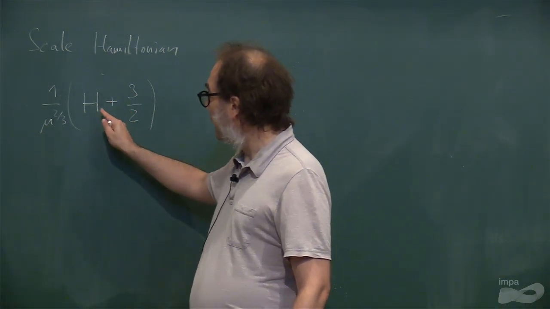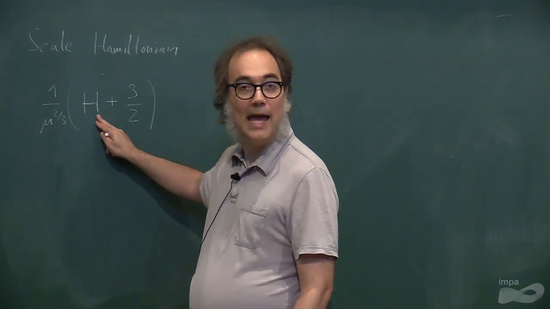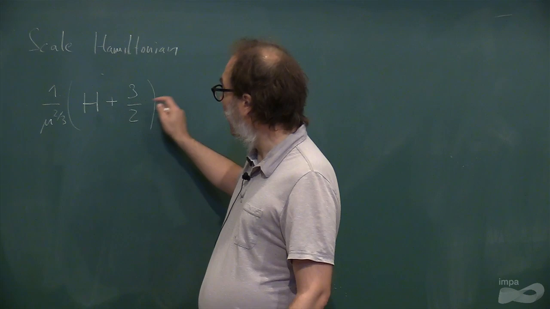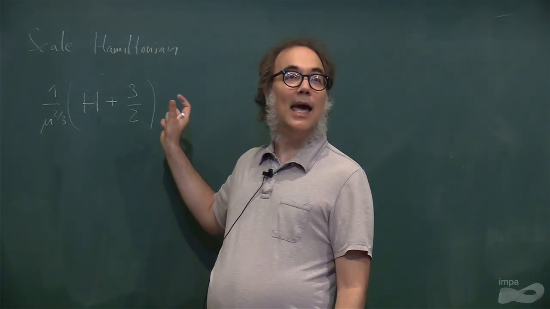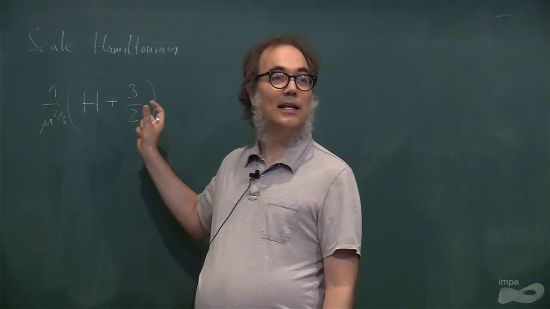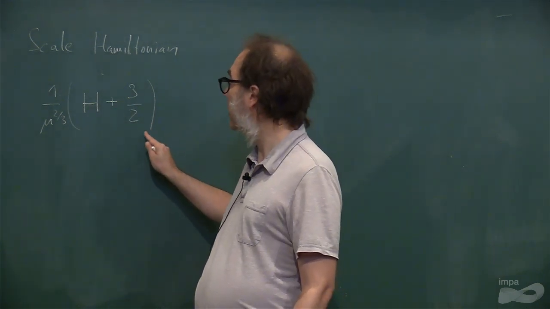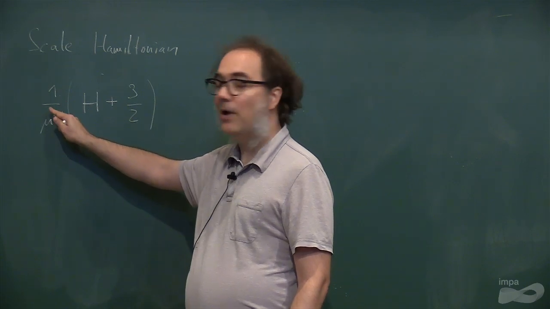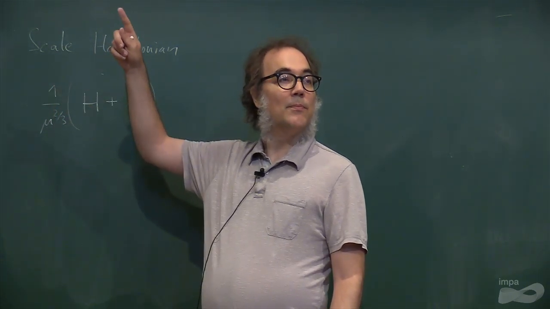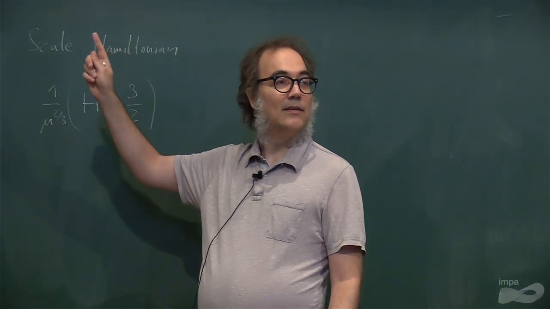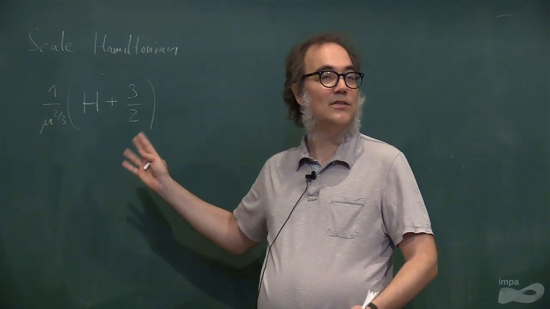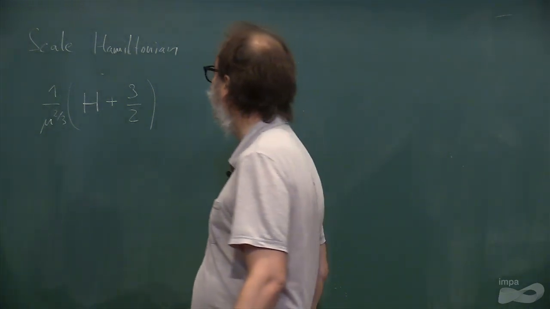And then if we want to go back to the old Hamiltonian, so this Hamiltonian is basically the critical value of the Kepler problem, this -3/2, plus this new energy multiplied by mu to the power 2/3. So this energy has a new interpretation. It's not the old energy, something new.